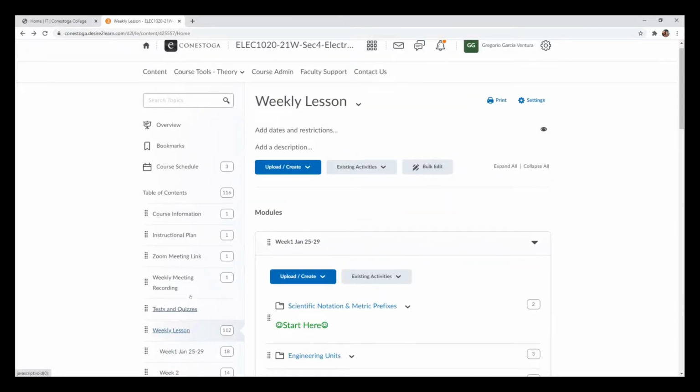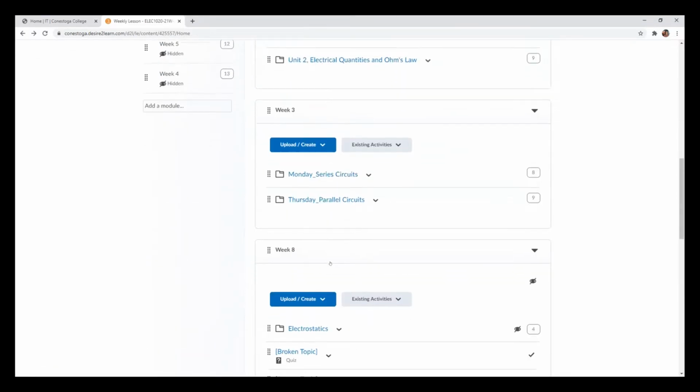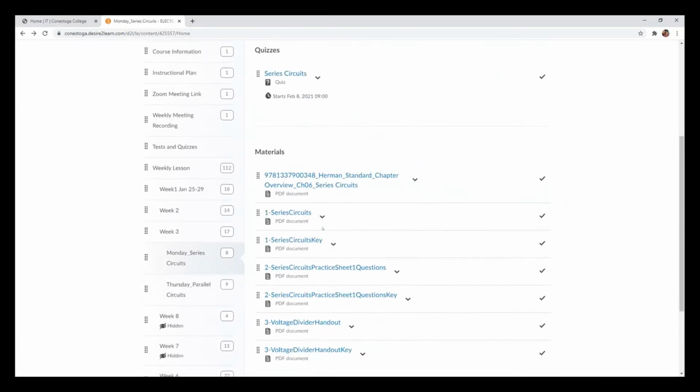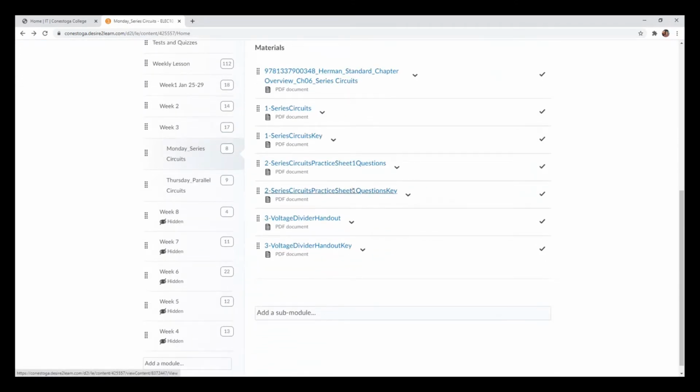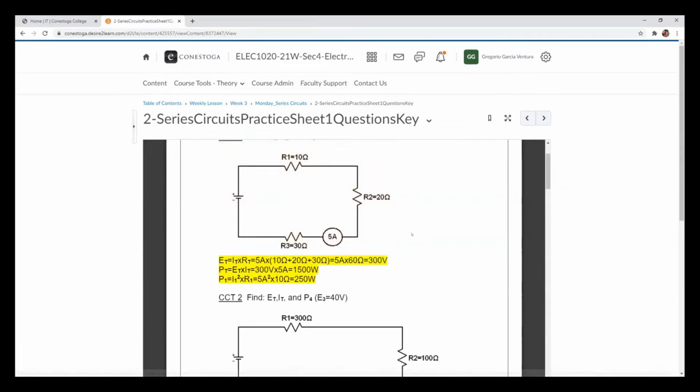So you can see what the answer was for that circuit. Can you see the answer key there?